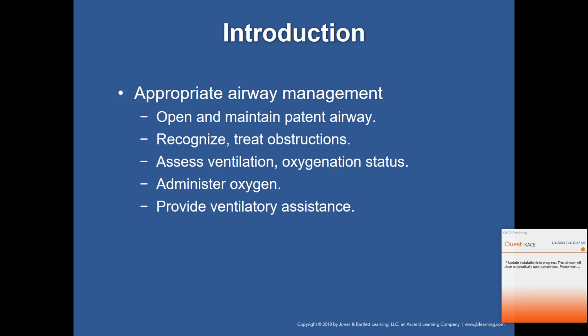Appropriate management of an airway patient includes the following, but it's not really limited to just these things, but it needs to, at minimum, include these. Open and maintain a patent airway. So if their airway is not open, we need to open it and we need to maintain it. If their airway is already open, we need to make sure that it's maintained open.